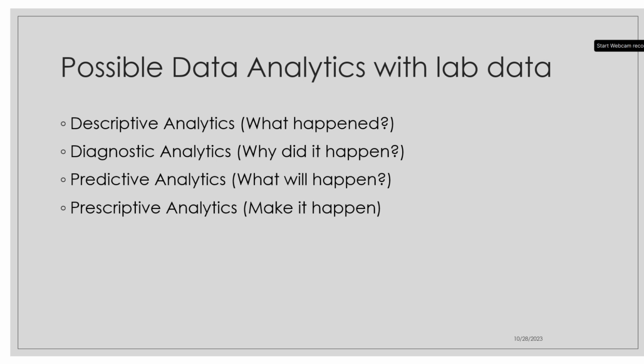For instance, after identifying what is happening in the lab, you can probe further to analyze the data to understand why that observation is happening. We can also do predictive data analysis to identify certain things that will happen based on current trends. And then we can also make prescriptive analytics, where we can prescribe what could happen in the future.